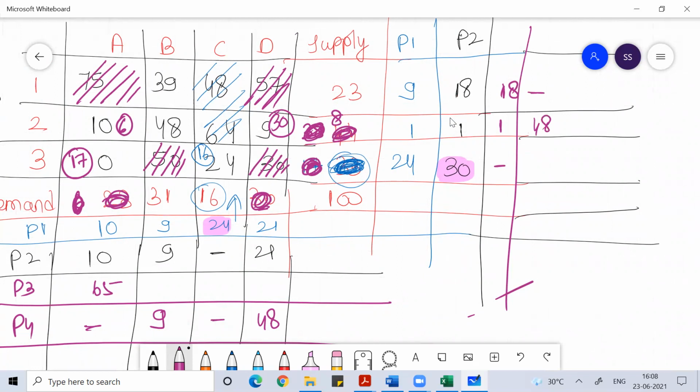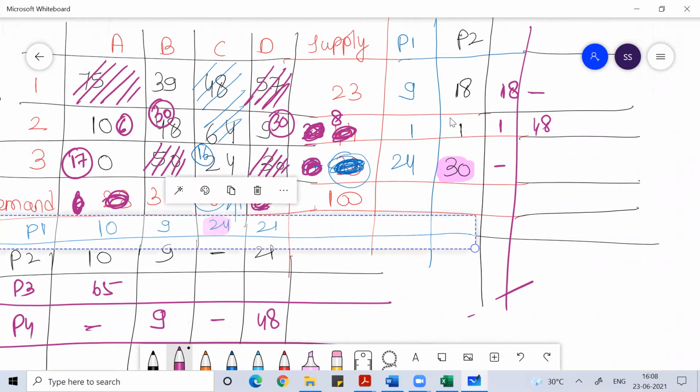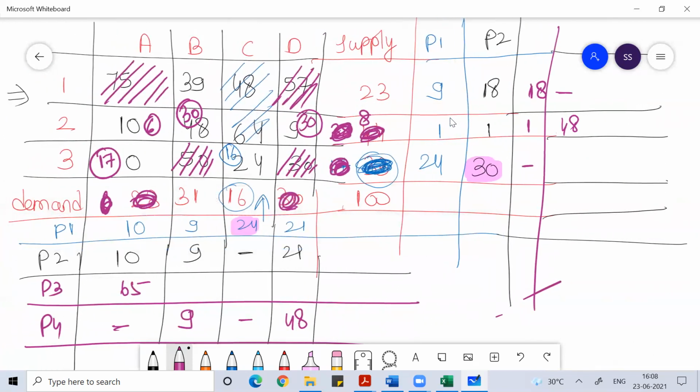Then this is 48 only. Then on 48 you will do allocation. Demand is 31. Supply is 30. Now supply is 8, right? Not 30. Supply is 8. So you can put 8 on this.